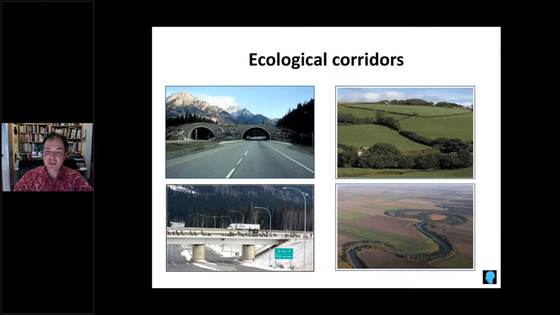In agricultural landscapes, where I guess we are, hedgerows can act as ecological corridors. Riparian forests can act as ecological corridors. And there could be, and I'll show you some more, stepping stone type corridors, little habitat patches where birds and insects can land as they hop from one to the other.